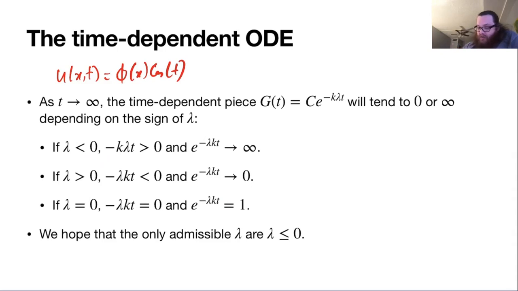Okay, so if lambda is negative, so assuming that k is positive, t is going to be positive in our setup. If lambda is negative, then this term minus k lambda t, that's going to be positive, right?